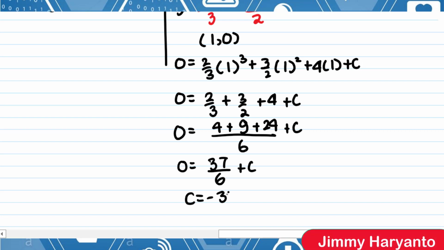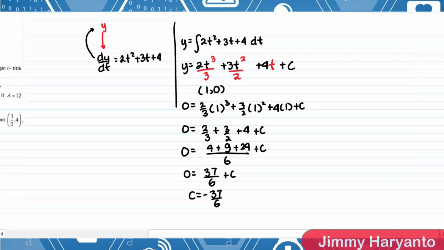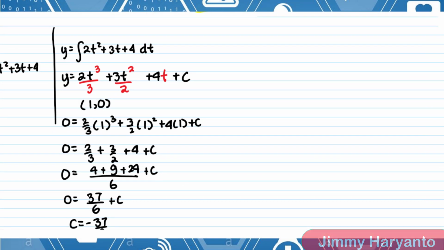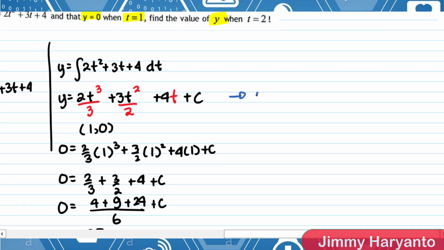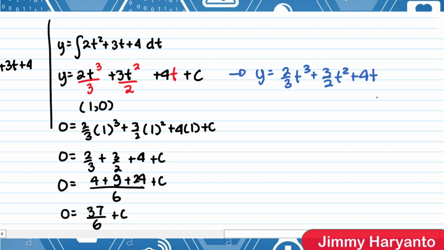So the c will be negative 37 over 6. So the function will be 2 over 3t cubed plus 3 over 2t squared plus 4t, and then negative 37 over 6.